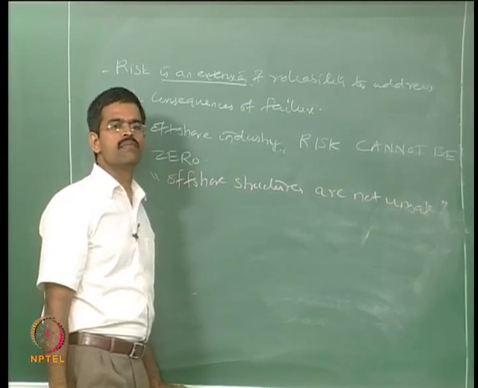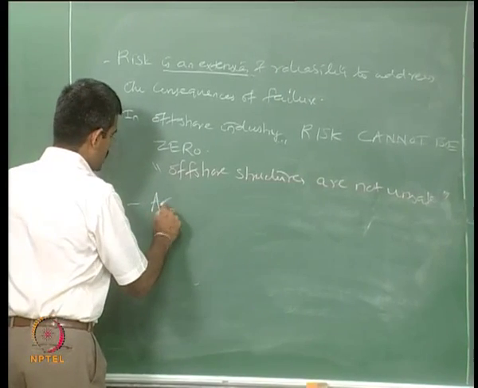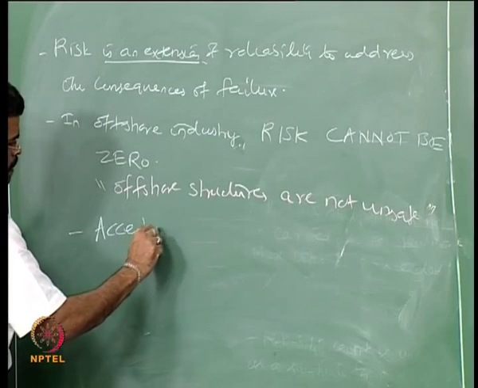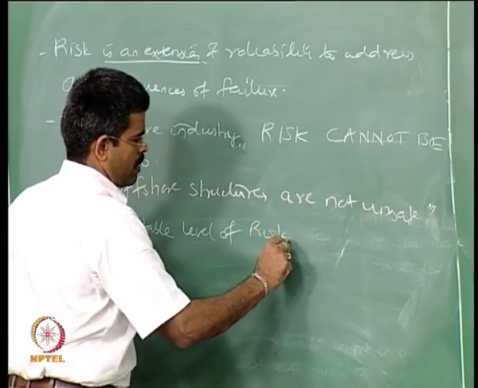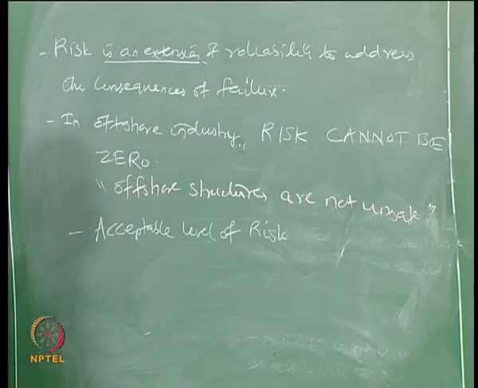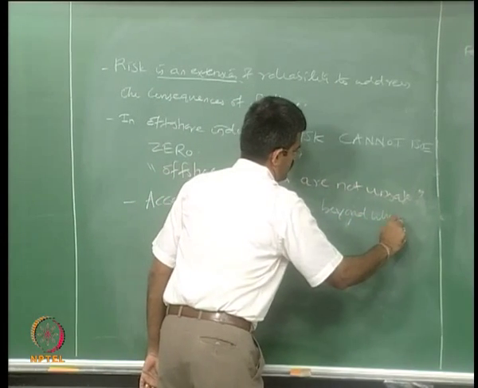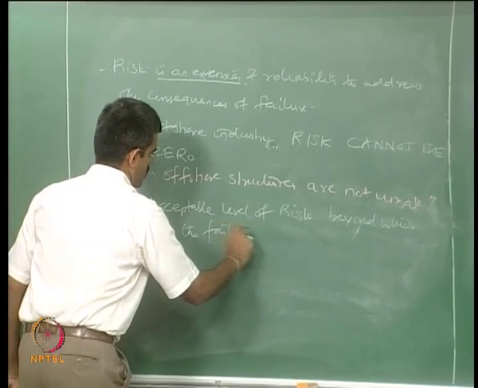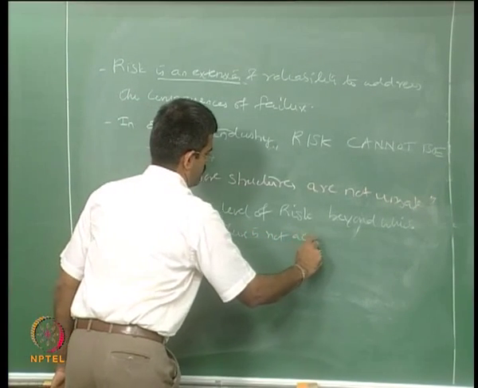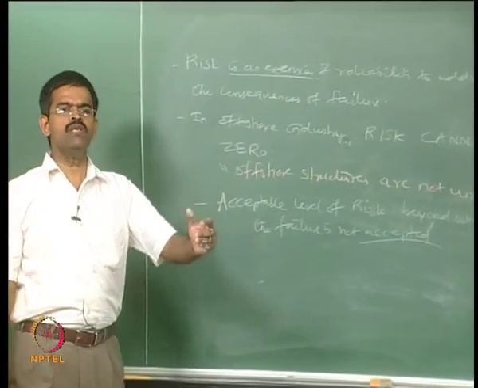They are safe even though the risk cannot be 0. It means there is an acceptable level of risk beyond which the failure is not accepted. Is that clear? Beyond which it is not accepted.